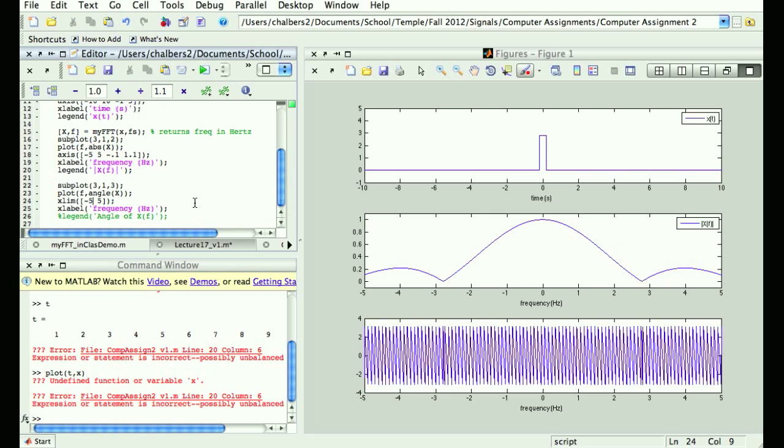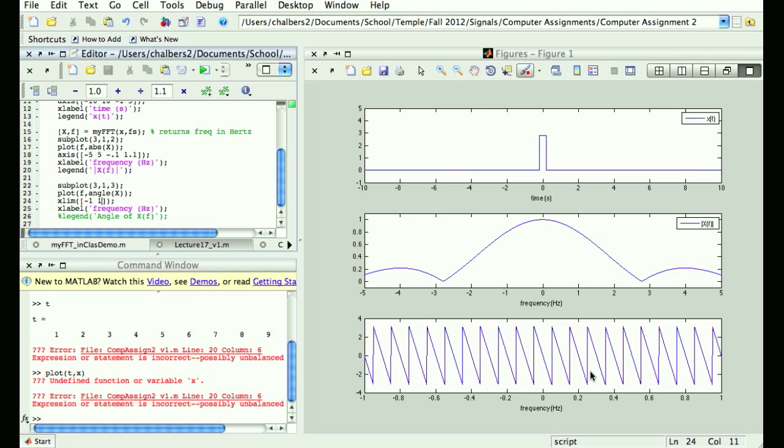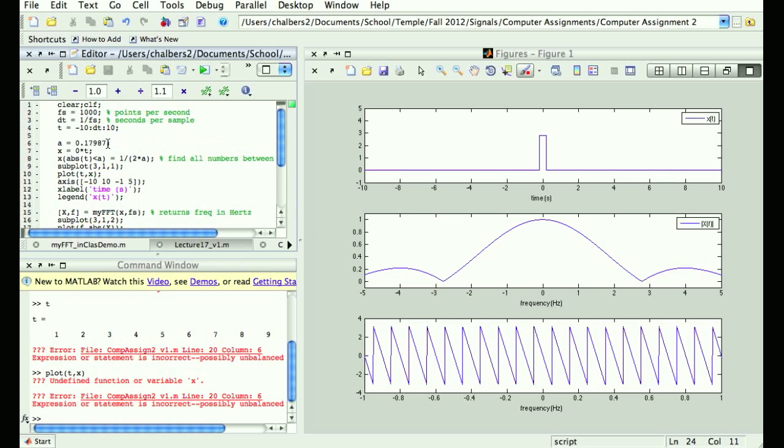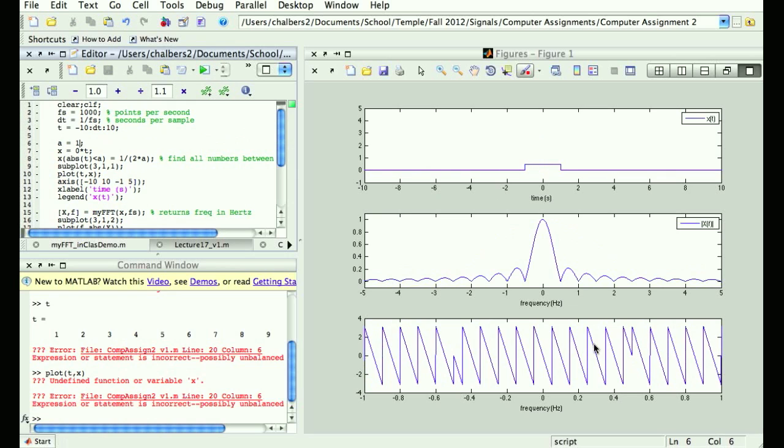What's up with that? Does that look maybe even a little bit familiar? Didn't we talk about if you take your rectangular pulse and you shift it, that's going to introduce a linear phase? And then the linear phase is going to get chopped up because MATLAB is going to force it to be between minus pi and pi. Well, that's basically what you're looking at.